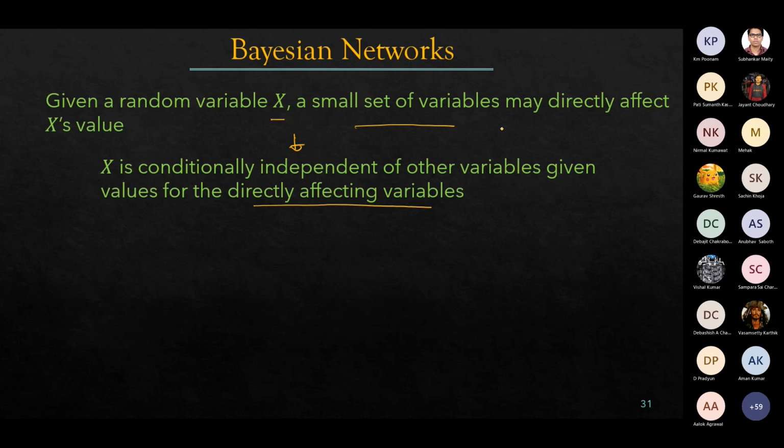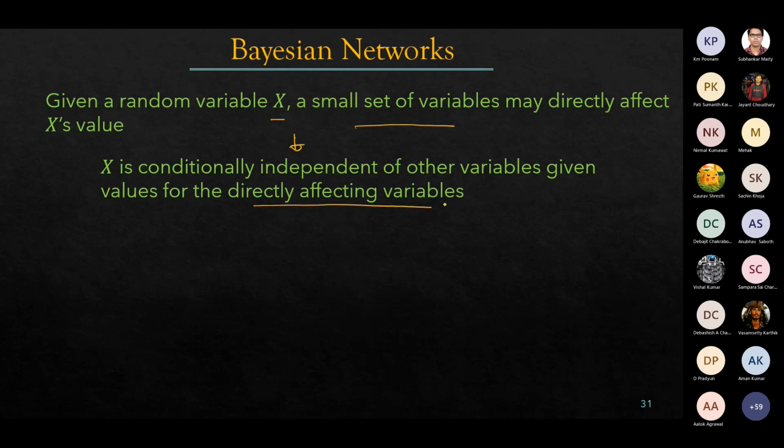So I know that there might be a fire given that I know whether someone has lit a cigarette inside the building or not, right? But it will be independent of the other variables, like someone taking a printout, right?